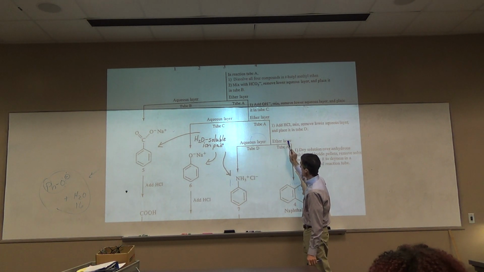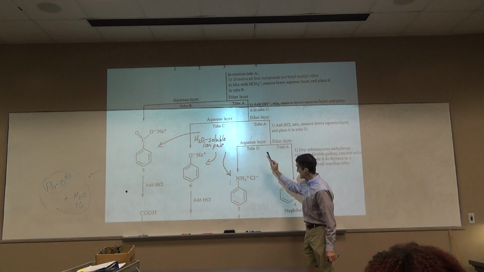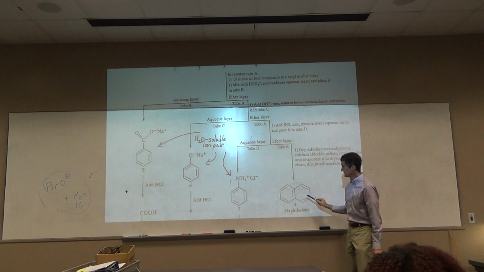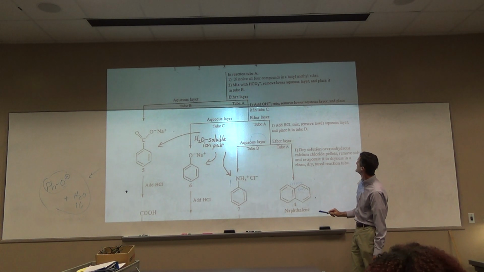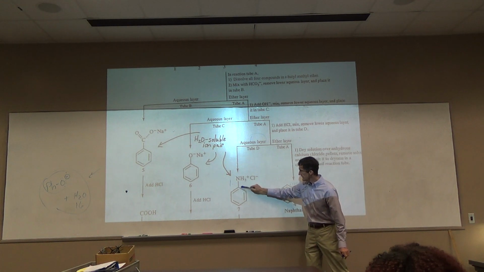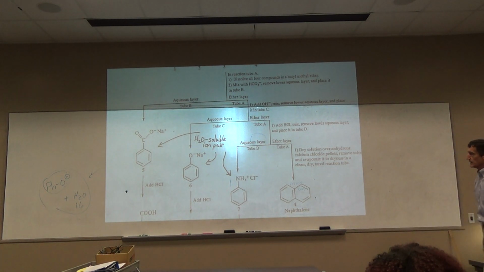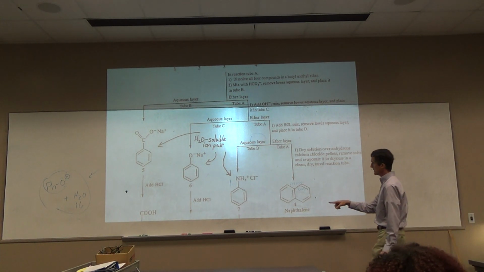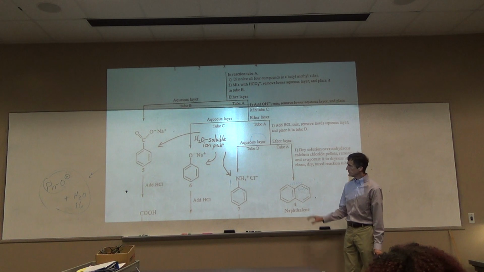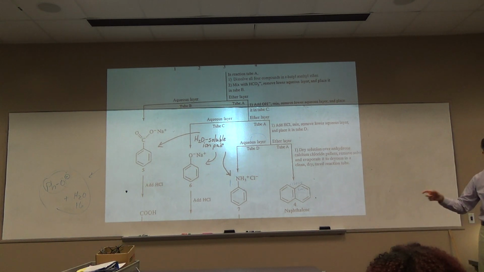But the other two will not. Then how do you separate the aniline from the naphthalene? Now we want to bring in acid, and acid will make the aniline, which is a weak base, turn it into an ion pair. Then it will go into the water, and this will remain in the ether. And so through the process, we've separated all four into four different flasks.